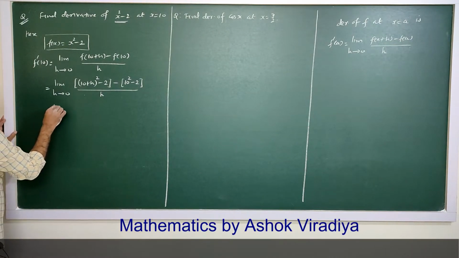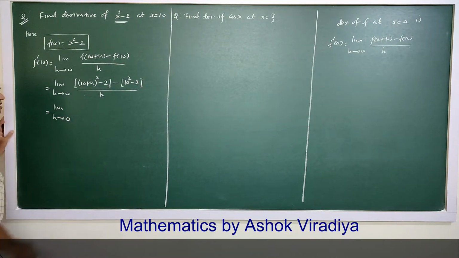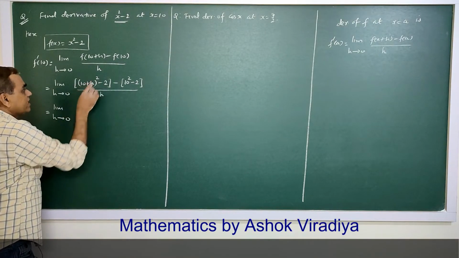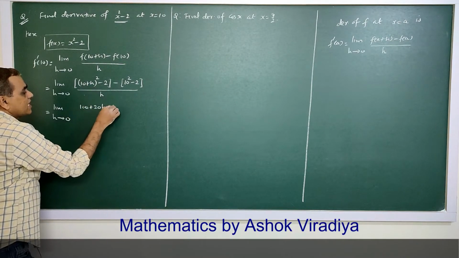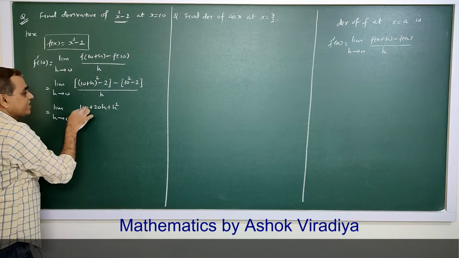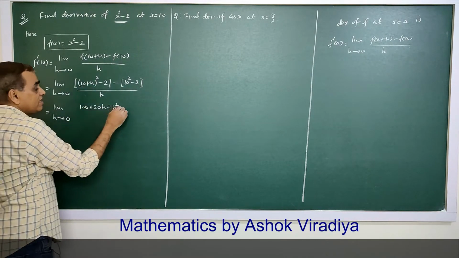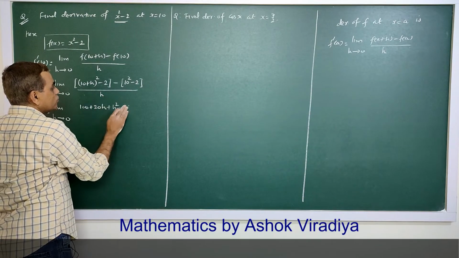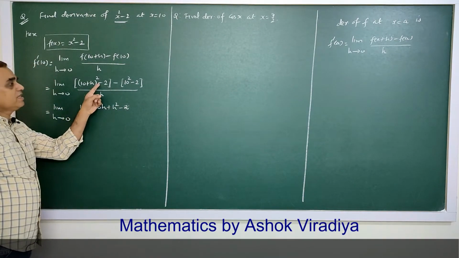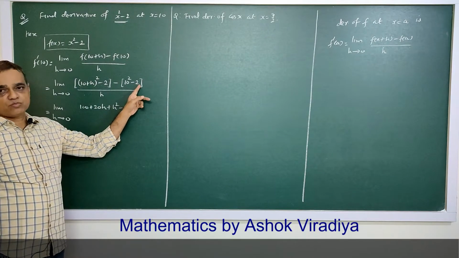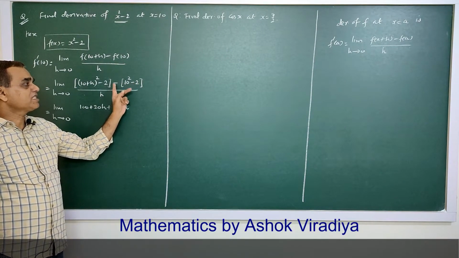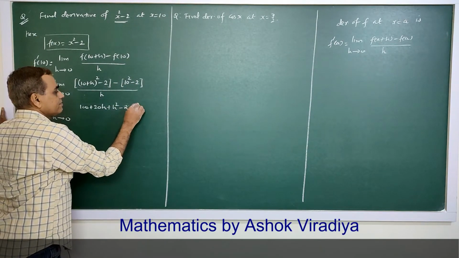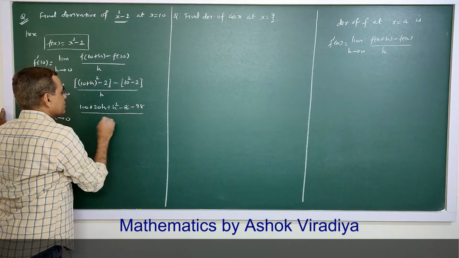So this is a question of limit. Now simplifying this, 10 square is 100 plus 20h plus h square minus 2. Then this is 100 minus 2, 100 minus 2 is 98, so this is minus 98 upon h.